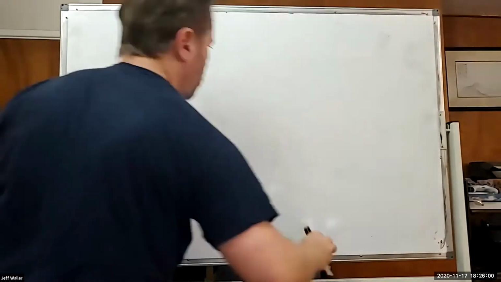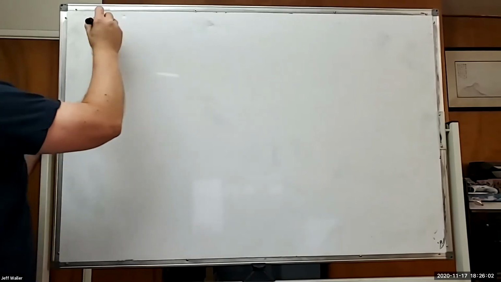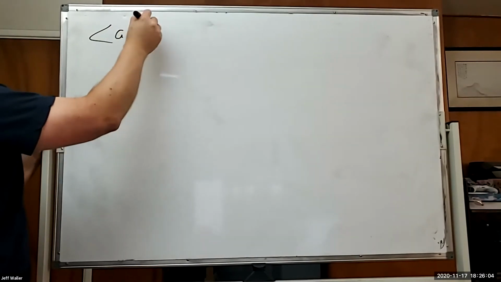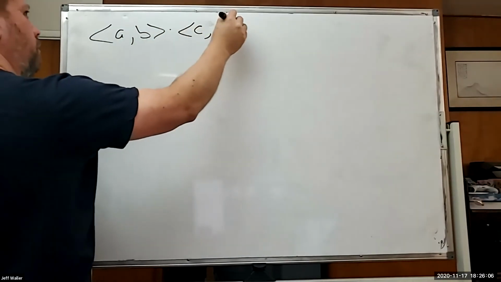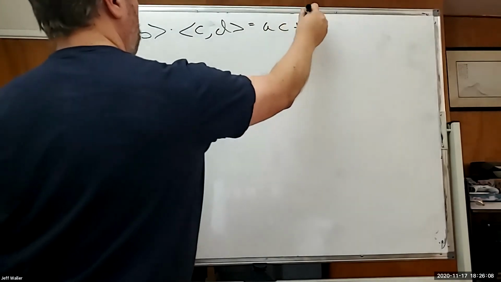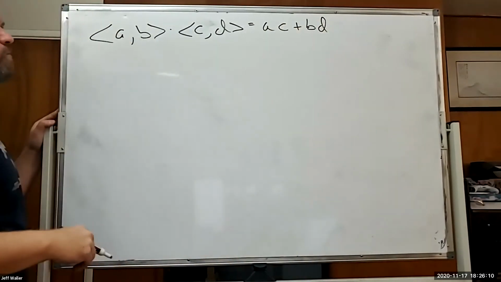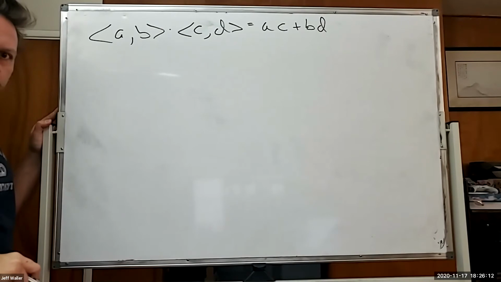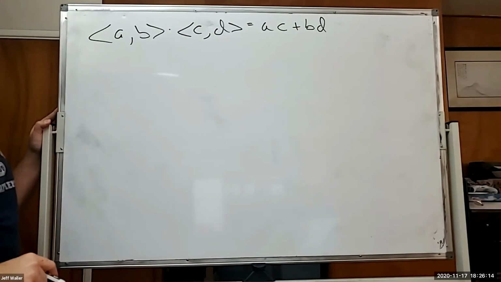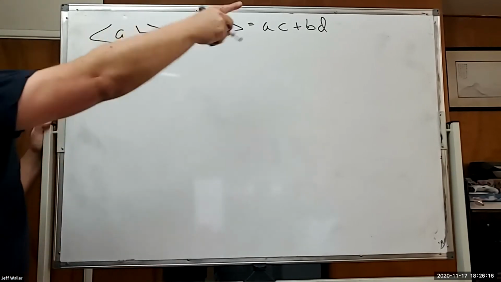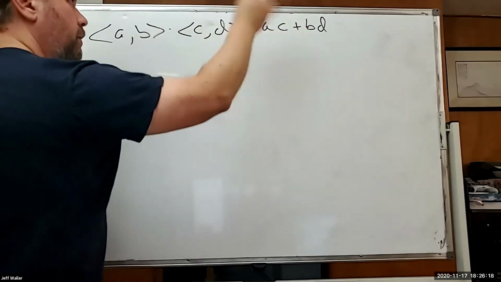So here's the general definition. And that's why you end up with just a scalar, just a number.